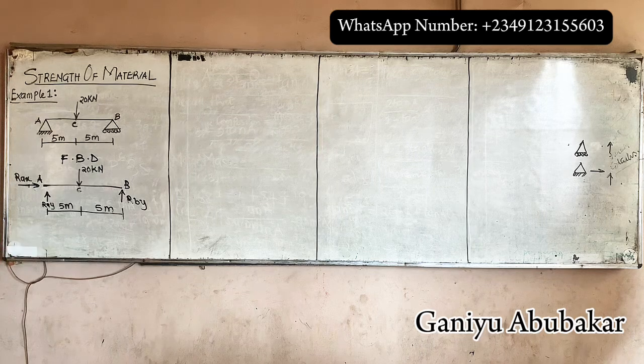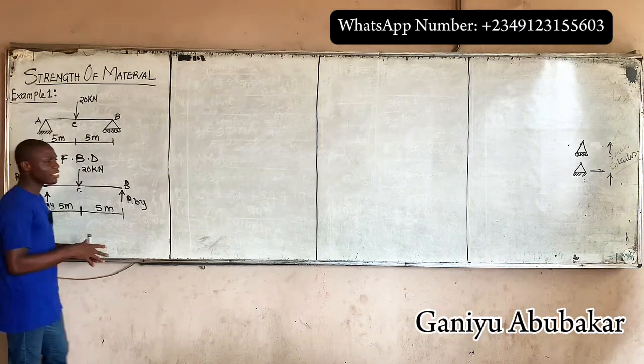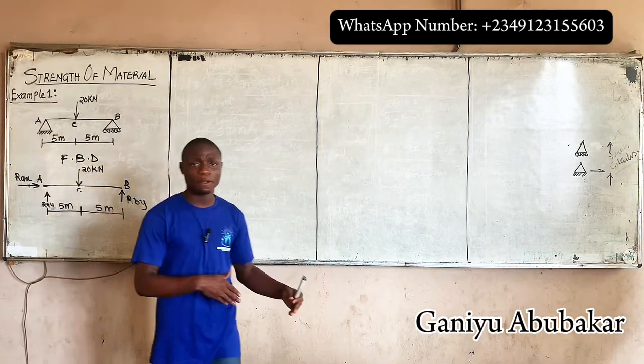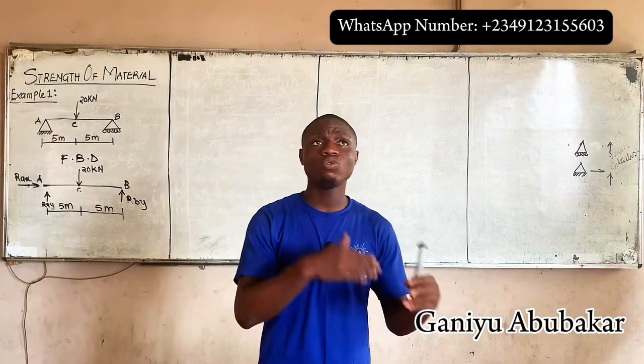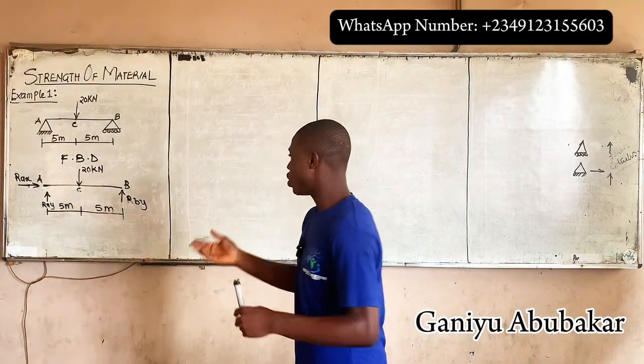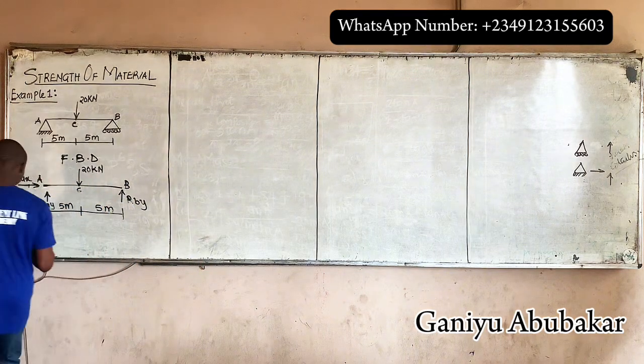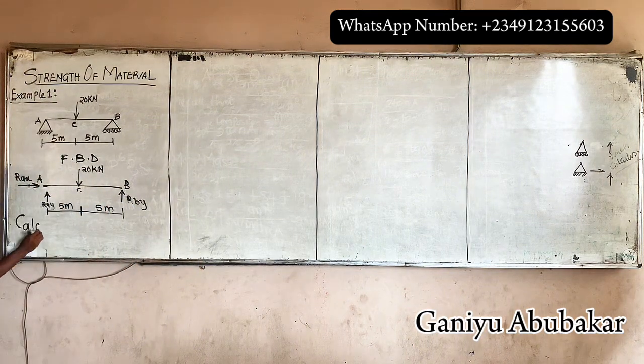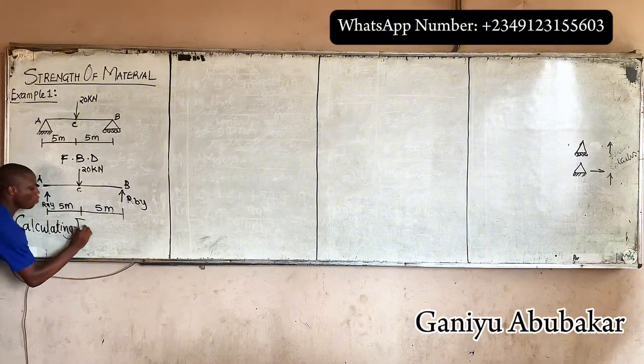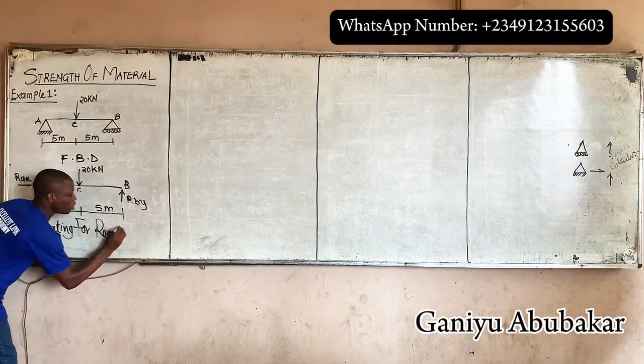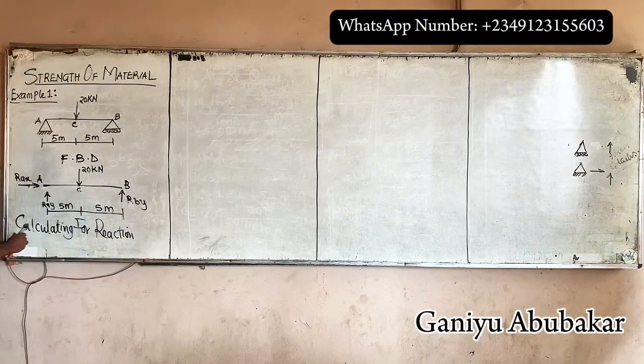Alright, let's see how we can calculate the reactions. The first task, after drawing out your free body diagram, is the calculation of our reactions. So let's do the calculation, calculating for reaction using the condition of equilibrium.